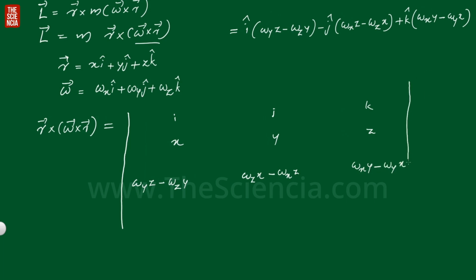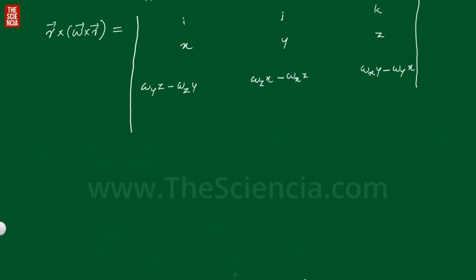What is the determinant value? So what we get is i cap into y into (omega x y minus omega y x) minus z into (omega z x minus omega x z).